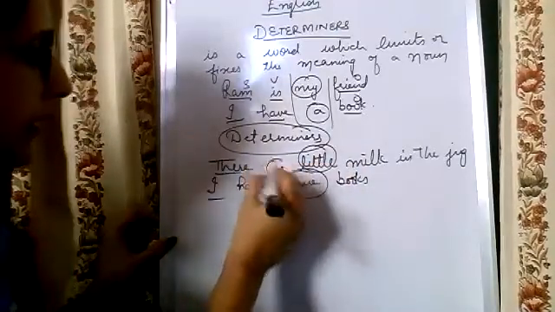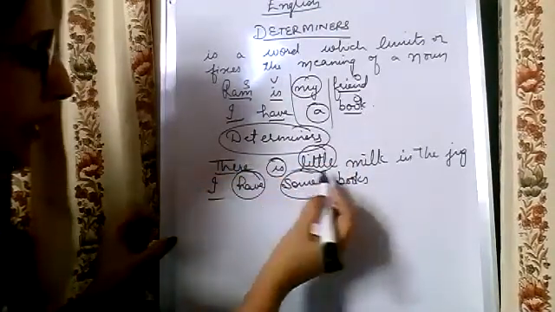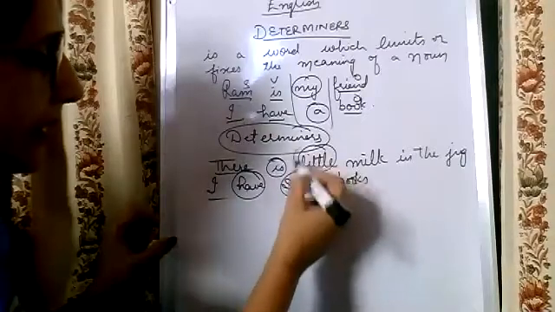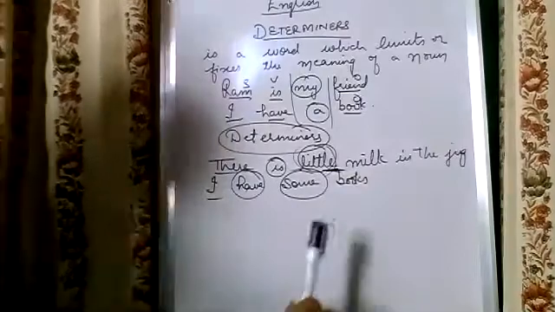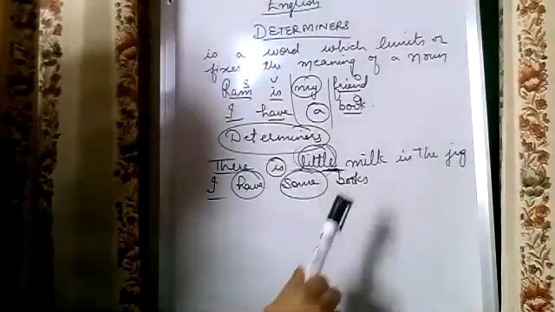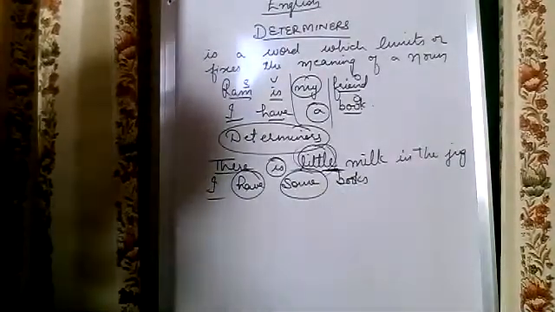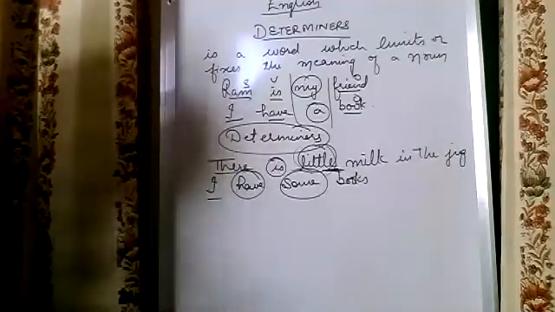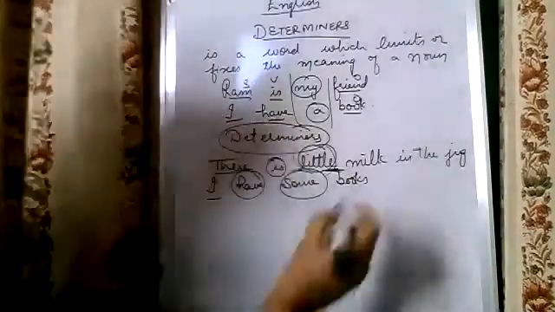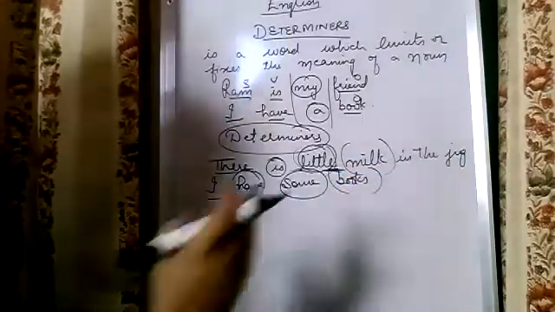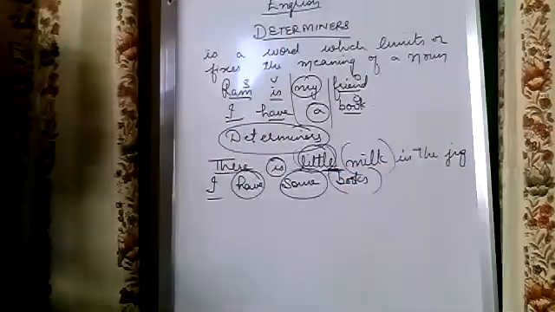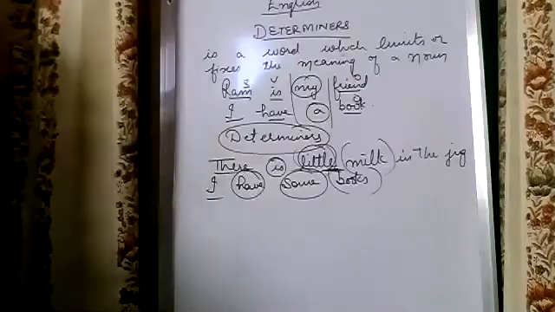These are subjects, main verb, helping verbs. Little is telling how much milk is there in the jug. Books, how many books? Some, not many, but few books I'm having. So these are determining the meaning of the nouns books and milk. It means that determiners are mainly used before nouns.